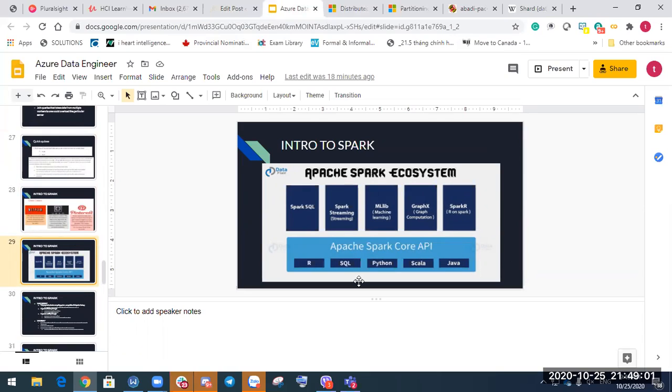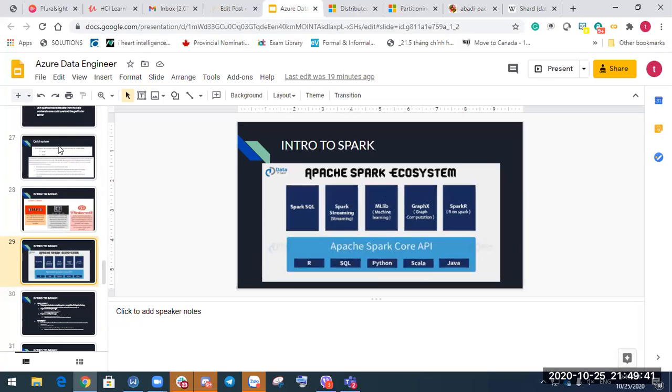From the Spark core API, you can use other features of Spark, like Spark SQL, Spark Streaming, MLlib, GraphX, and SparkR. Mostly for Spark, if the questions test it, it would be more on Python. I don't think they will test you on R or Scala, and I don't think they will go over syntax. So let's just remember the architecture for now.